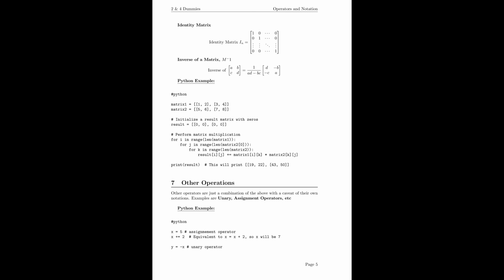So what is the inverse of a matrix? The inverse of a matrix, or A to the power negative 1, simply takes in the determinant. The inverse of a matrix is a two-step process. The first one involves finding the determinant. So here we are just multiplying the diagonal elements and subtracting them.